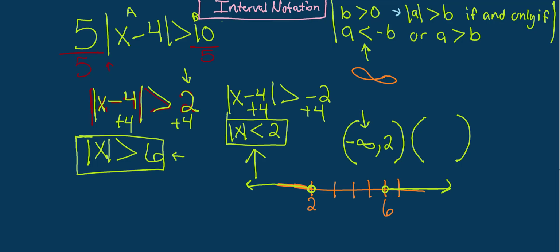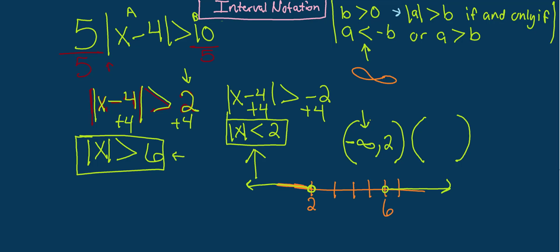Infinity is huge, but negative infinity is infinitely smaller than 2. So it goes on the left. And because it's not equal to, there's no bracket; you use parentheses to let them know that it's going to be less than 2 and cannot be equal to 2. Okay? For our second one, we have x is greater than 6.